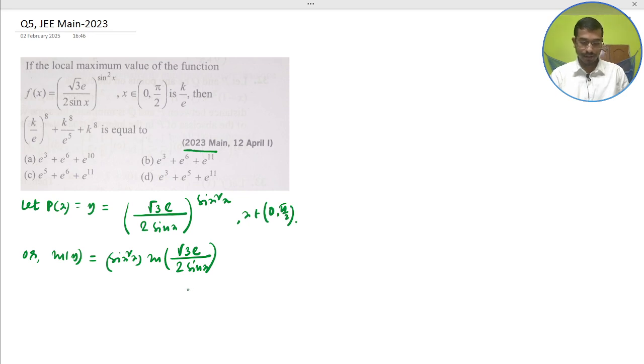And one thing is that this root should be within the e. So that is equal to sin²x into (ln √3 + 1 − ln 2 sin x).